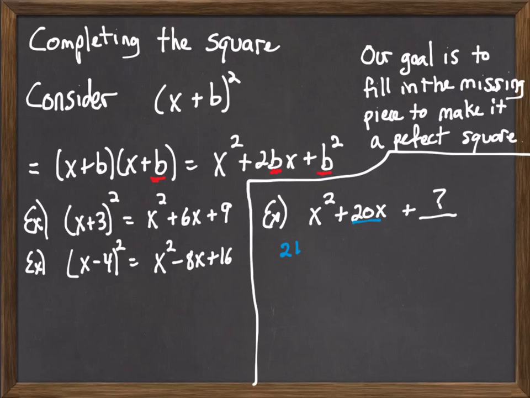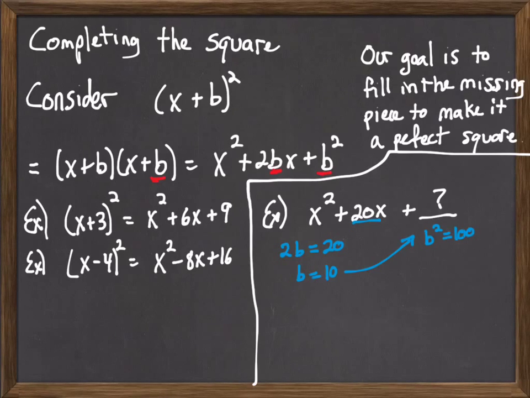So the way we find the number is by saying, well, our 20x is the middle term. That's got to be the same as that 2b. So setting 2b equal to 20, we're able to find that b would have to be 10. And again, once we know what b is, we know what number we need to add.